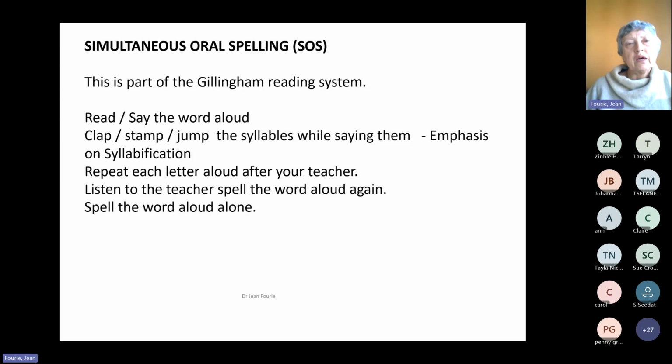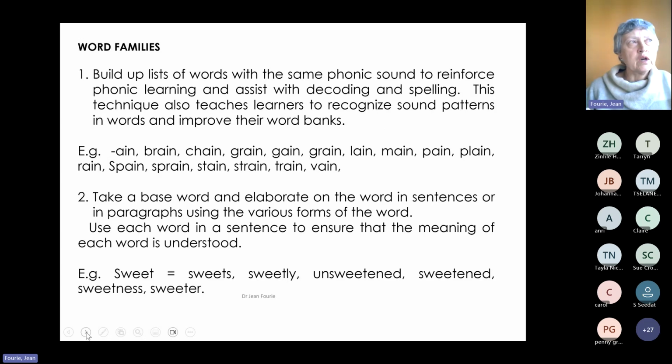So we're talking about spelling the word orally in sounds, and then you want them eventually to be able to spell the word out aloud orally on their own. That's why this is an oral method. So when you see SOS, we're talking about an oral spelling ability, and that's why it works well for regular sounds that have one-to-one correspondence.